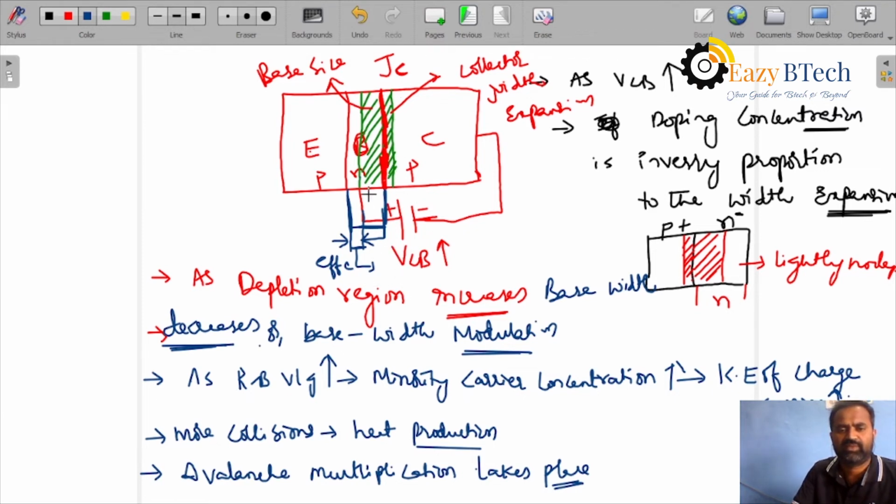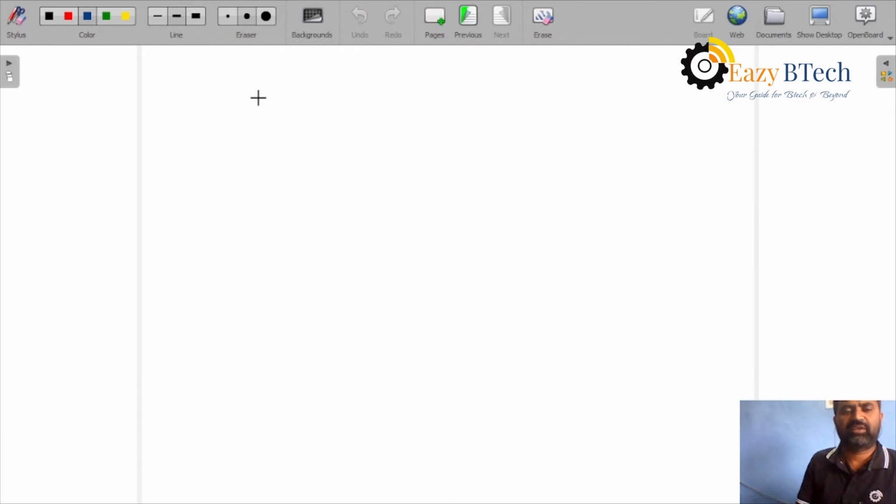The effective base width is also reduced. We can remember the multiplication factor in this manner.